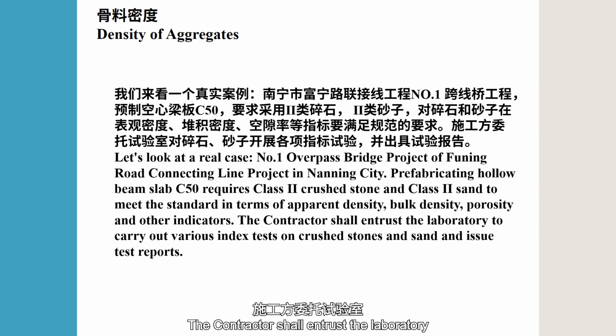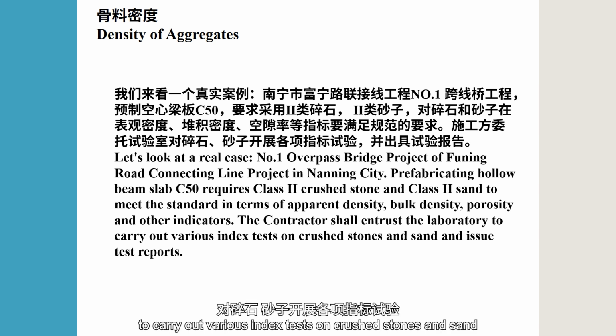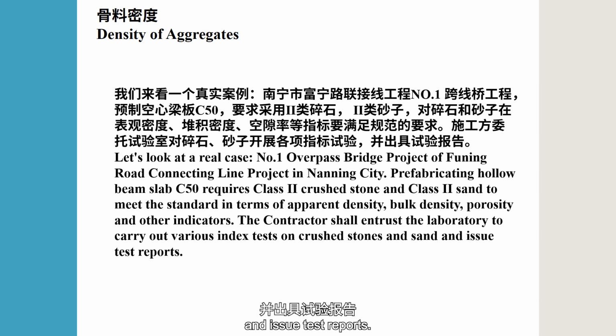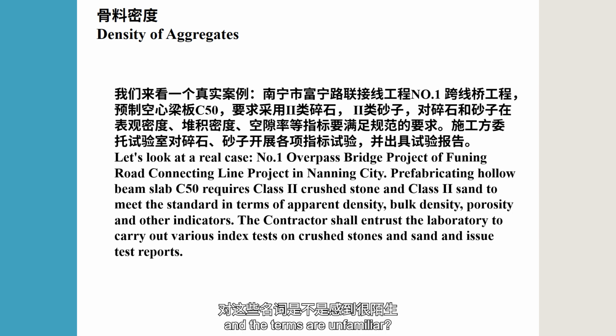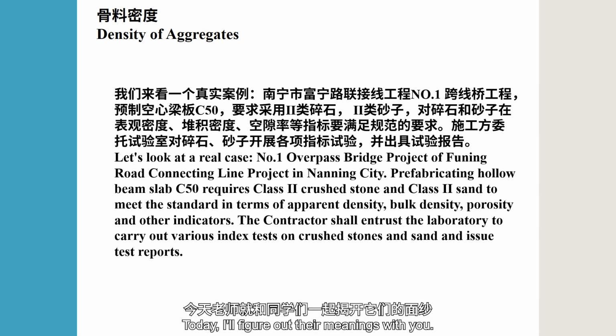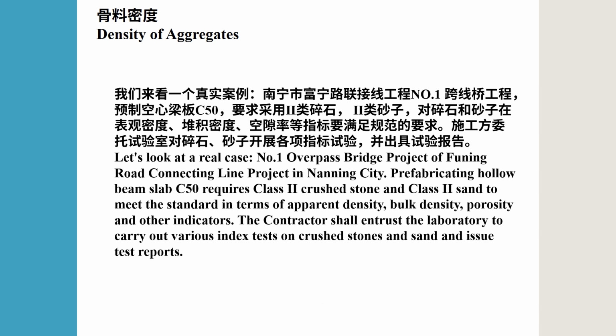The contractor shall entrust the laboratory to carry out various index tests on crushed stones and sand and issue test reports. Do you think that the case is very professional and the terms are unfamiliar? Don't worry. Today, I'll figure out their meanings with you.